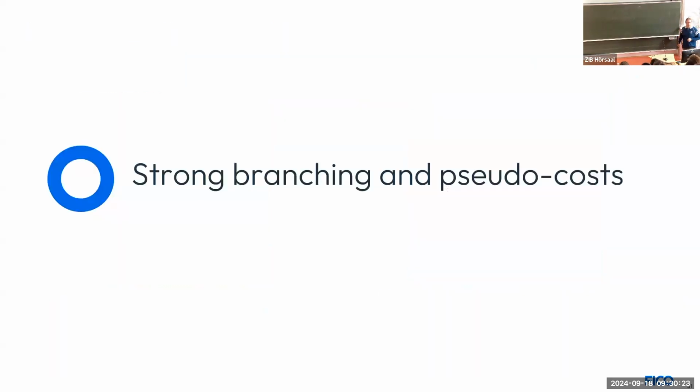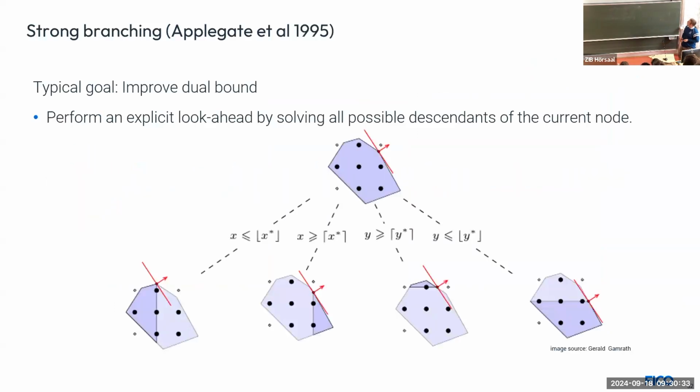So let's look how. And the most important ingredients here are strong branching and pseudo-costs. So let's start again with something like a brute force method. Strong branching. Keep in mind the goal is to improve the dual bound.